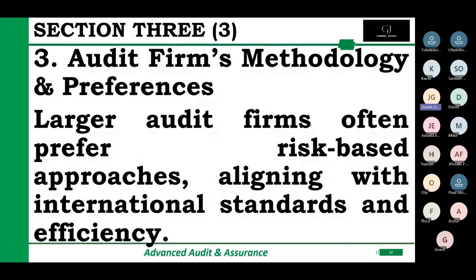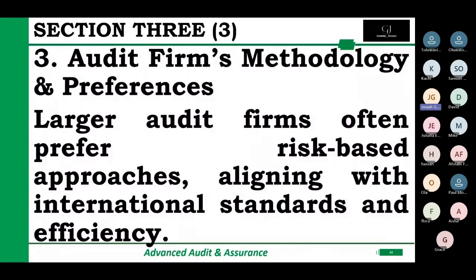Then another factor is the audit firm's methodology and preference. What methods does the audit firm gravitate towards? For larger audit firms, the Big Four often prefer the risk-based approach. Yeah, this is true. I've worked with them for a while. The Big Four normally gravitate towards the risk-based approach, aligning with international standards.